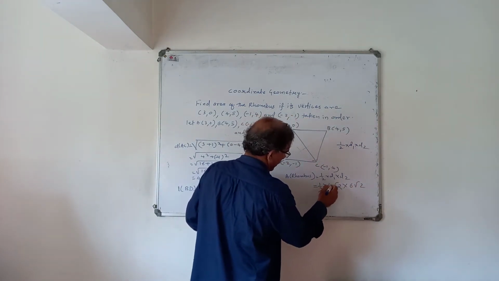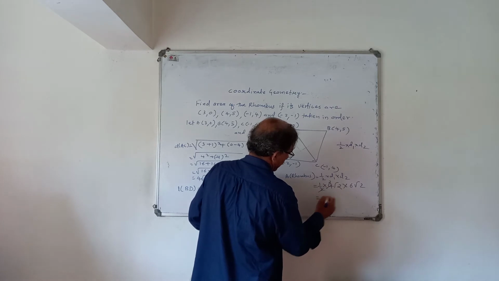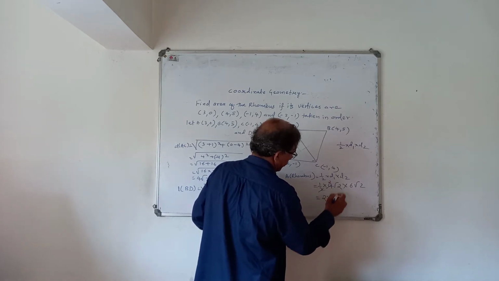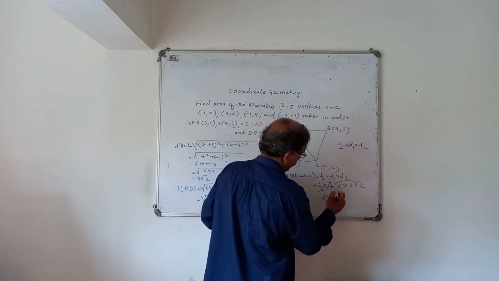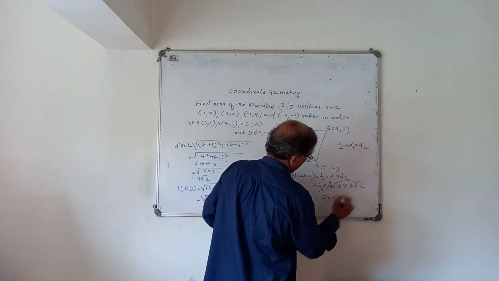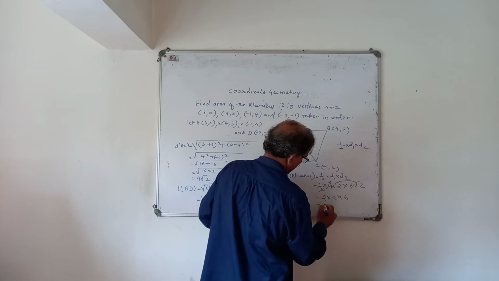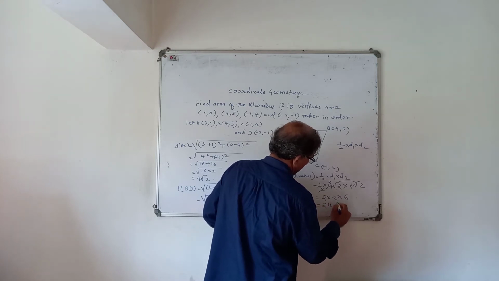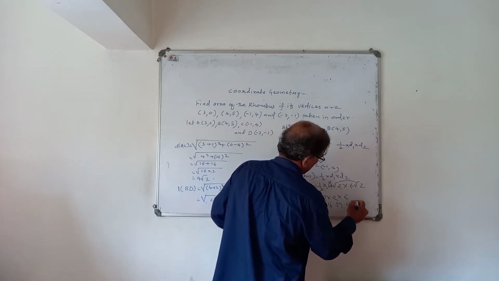So 2 1 ta, 2 2 ta. So this 2 is here into root 2 into root 2. Here root 2 is there, into here root 2 is there, means 2. And into this is 6. So that is 24 square units.